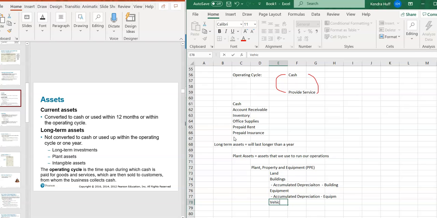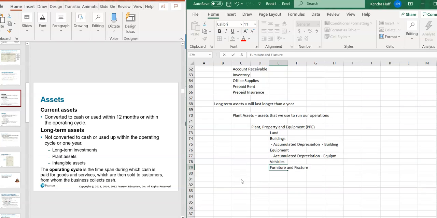Vehicles, any accumulated depreciation you might have, furniture and fixtures, any accumulated depreciation, and so on and so forth. All right, you'll get my drift. So any type of long-term asset that you're using in your operations goes under plant, property, and equipment.